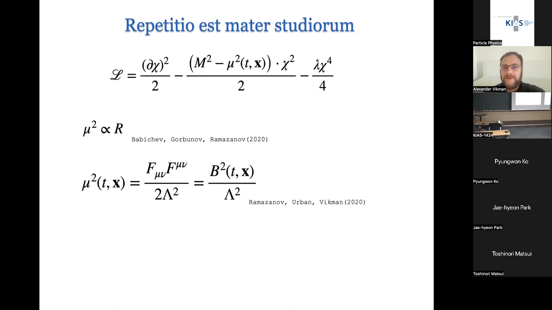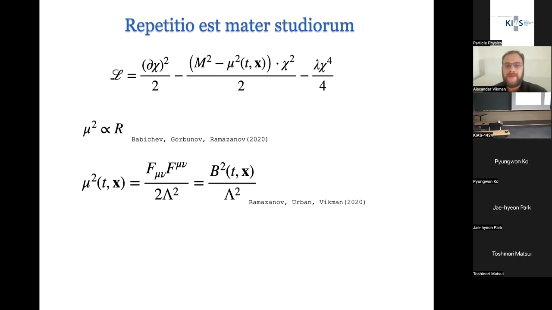exotic possibility in a sense, and maybe less exotic, because if this mu squared proportional to R was a marginal operator, so to say, here we use an irrelevant operator. Namely, now our mu would be created out of the strength of a gauge field, here the electromagnetic field.